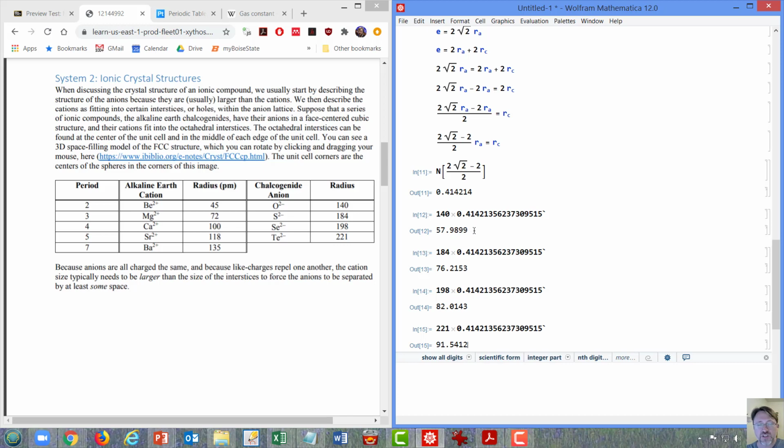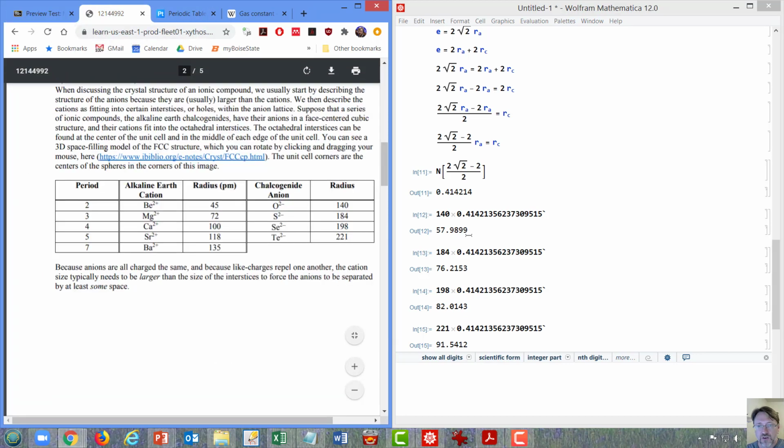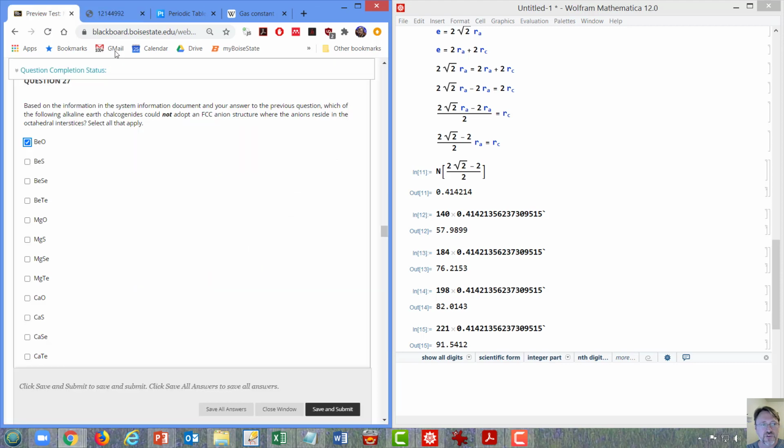Well, let's see. The one that doesn't work for the oxide is going to be beryllium. So beryllium oxide doesn't work. Come back over here. For the sulfide, which ones don't work? Magnesium and beryllium, because those are smaller.